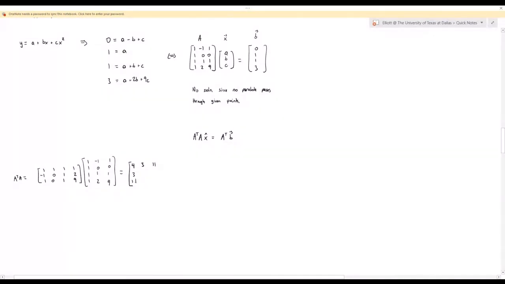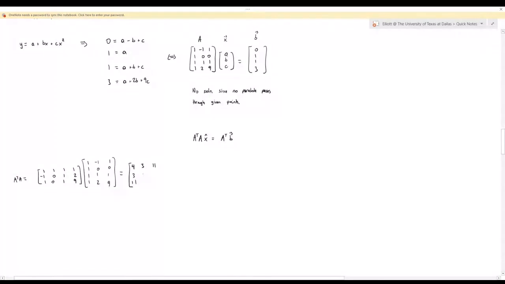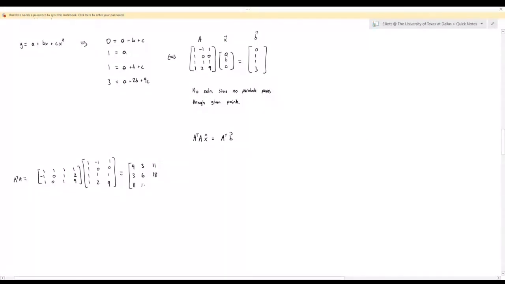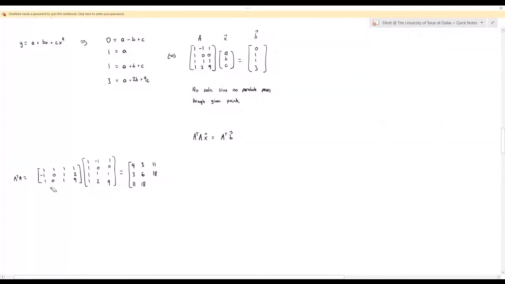These would be 3 and 11. Then 1, 0, 1, 4, and that's going to be 6 there. The next one, -1, 0, 1, 18. And the last one is going to be 1, 0, 1, and 81, so 83. So if I multiplied everything out correctly, I think that would be A transpose A.